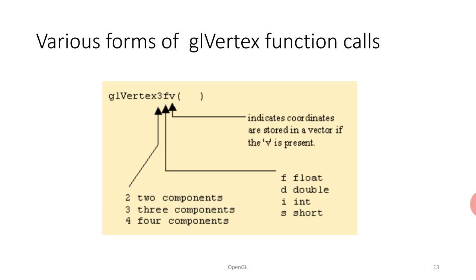So like this, there are different ways in which you can write the glVertex function. It can be glVertex2fv, 3fv, 4fv, or it can be glVertex3fv or 3dv or 3iv or 3sv.